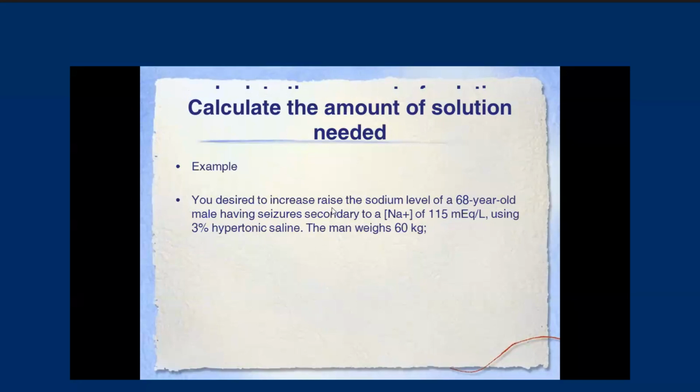As an example, you desire to increase the serum sodium level of a 68-year-old male having seizure secondary to a sodium level of 150 milliequivalent per liter using 3% saline. The man weighs 60 kg, and your target is to increase the sodium level by 6.